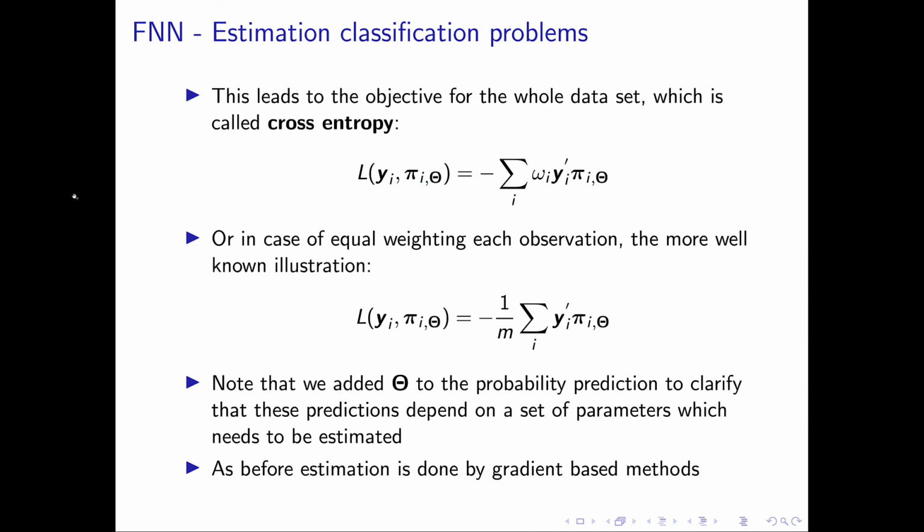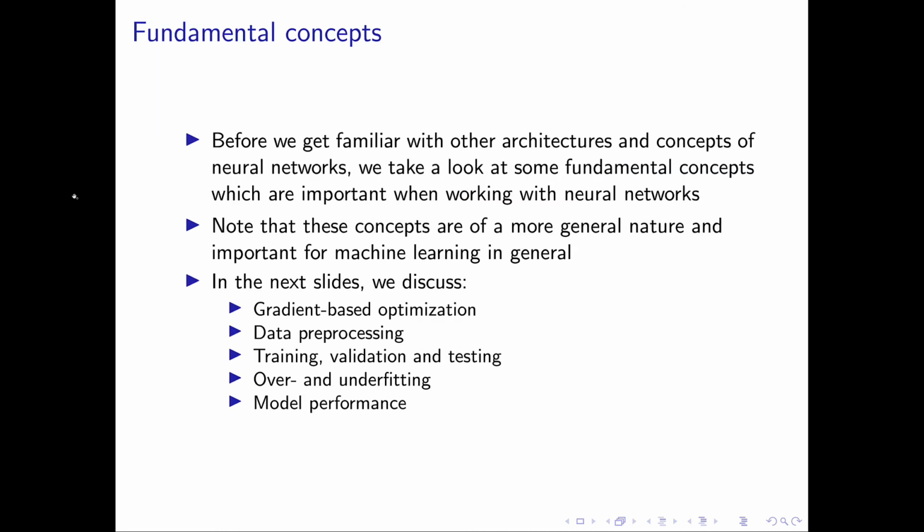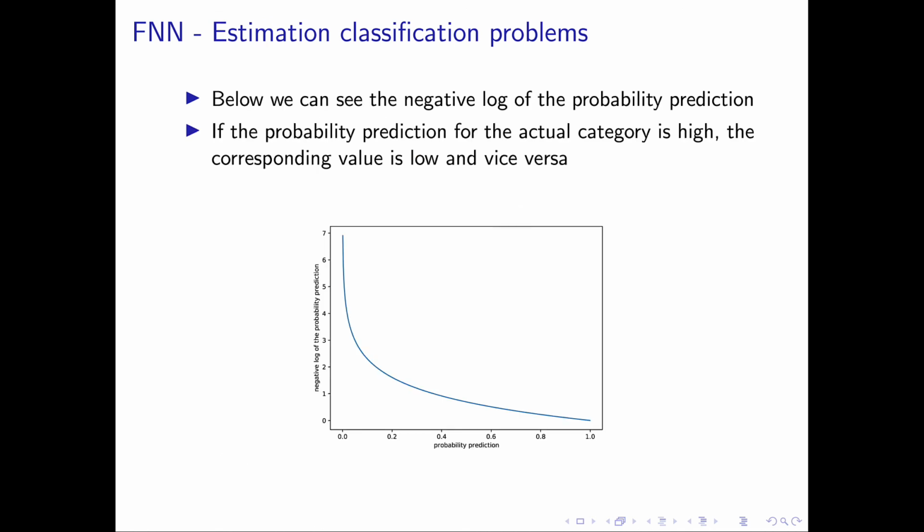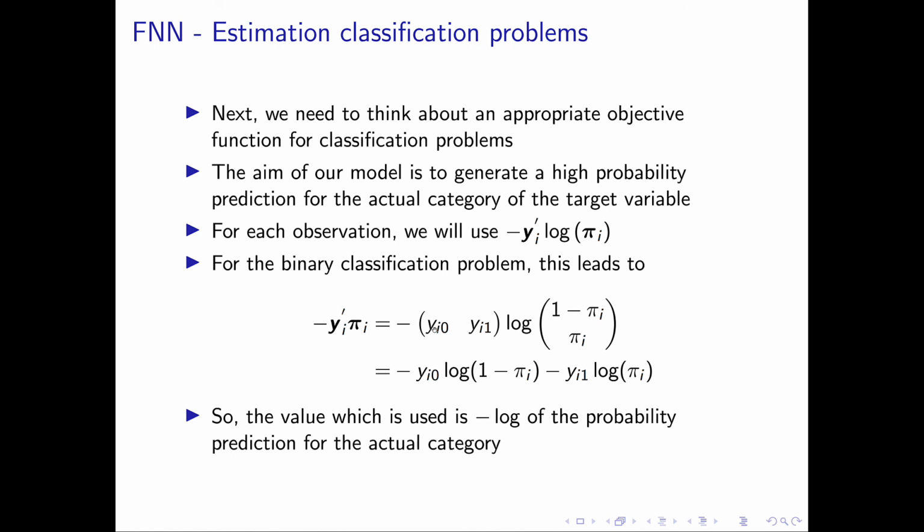So if we have higher dimensions, let me take a look. Okay, I didn't write this down here, but it's still the same. So if we have 3 categories, then we have 3 variables and we have 3 probability predictions. But when using the dot product, the only thing which remains for calculating the loss function value is the probability prediction for the actual category that we're observing for this observation.